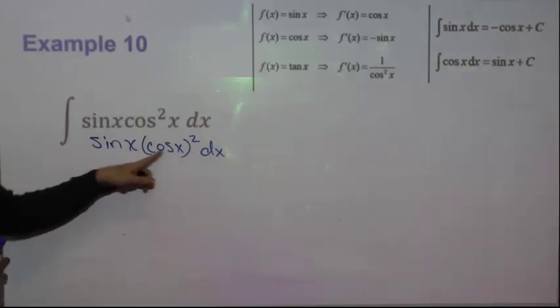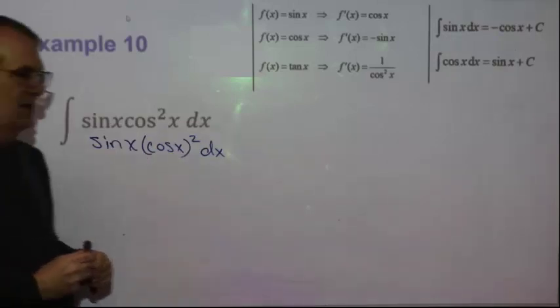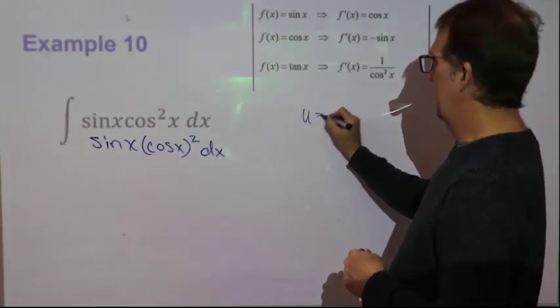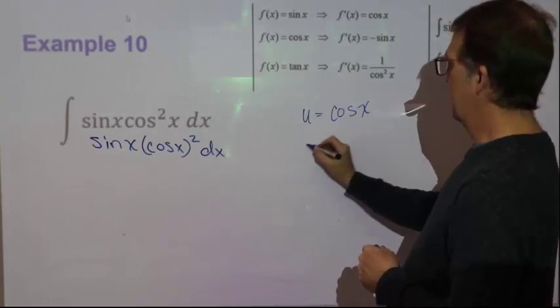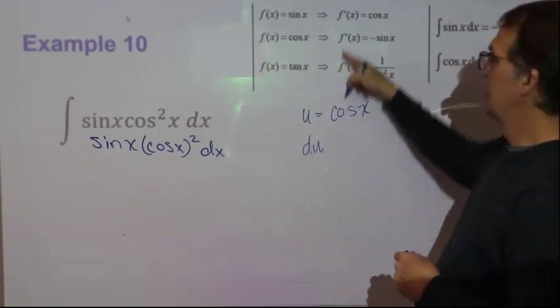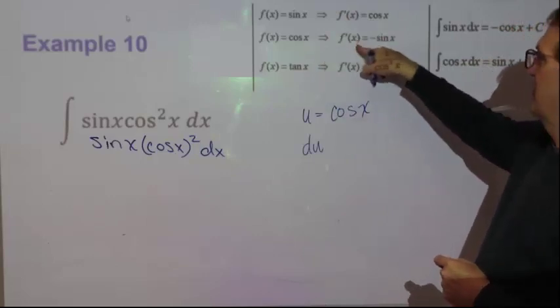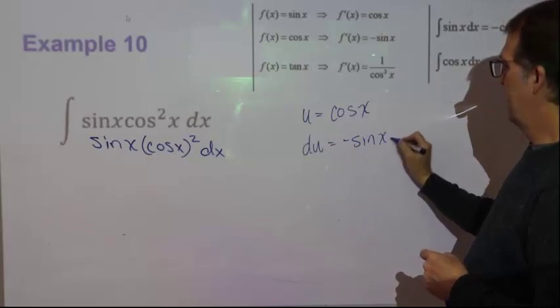And so it's the cosine function that is my u. And when I think of that, I have u as cosine x, du, and I put the derivatives back up again, because the derivative of cosine x is negative sine x.